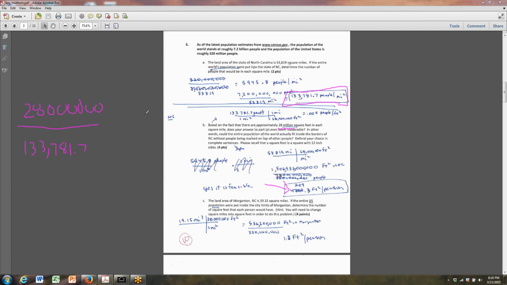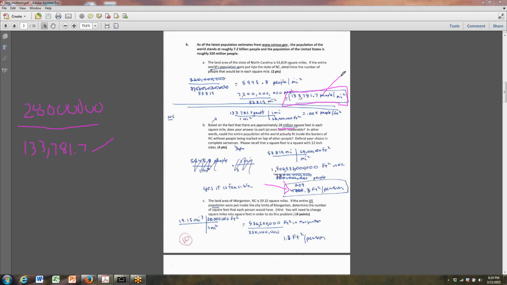So this 28 million on top is the number of square feet in a square mile, and this bottom number is the number of people per square mile. All right, so basically you convert it from square miles to square feet. That's fine as well. Okay, but somehow you had to have some math to justify your answer there.